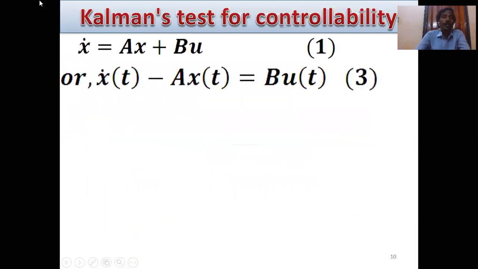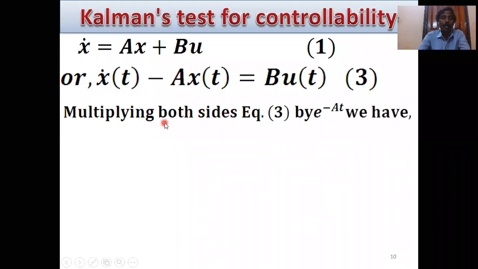So x dot equals Ax plus Bu. Transferring the Ax term from the right hand side to the left hand side, we get x dot of t minus Ax of t equals Bu of t. This is equation number 3.